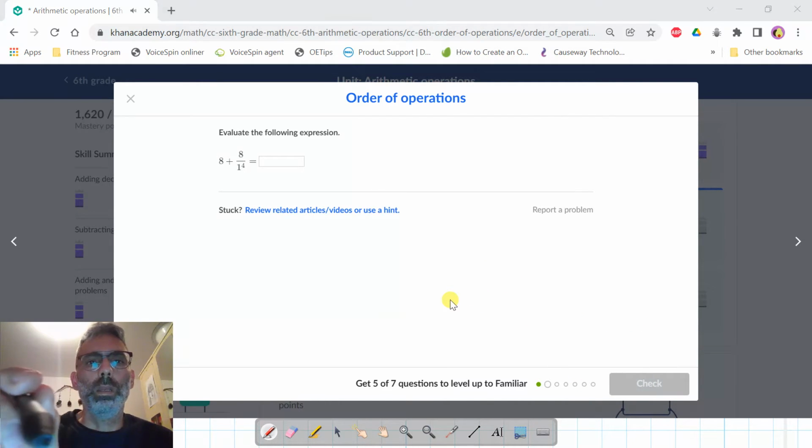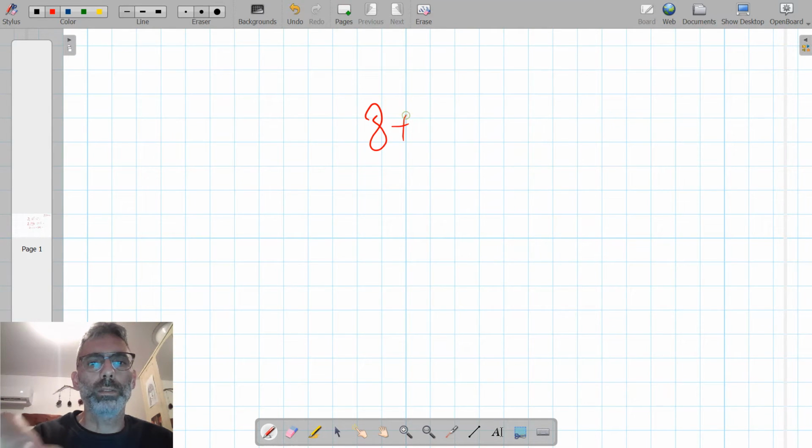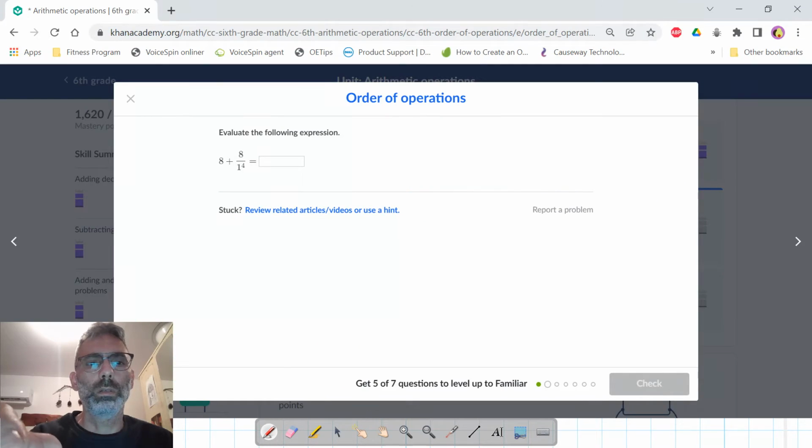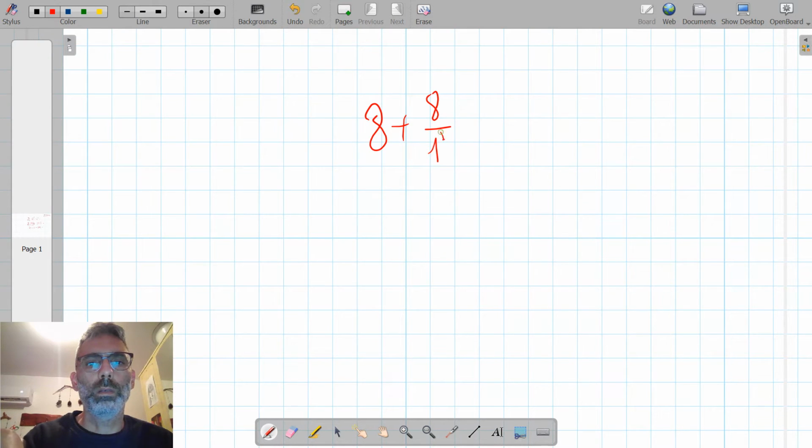Okay, 8 plus 8 over 1 to the power of 4. Okay, so parentheses, exponents, multiplication and division, and then addition and subtraction.